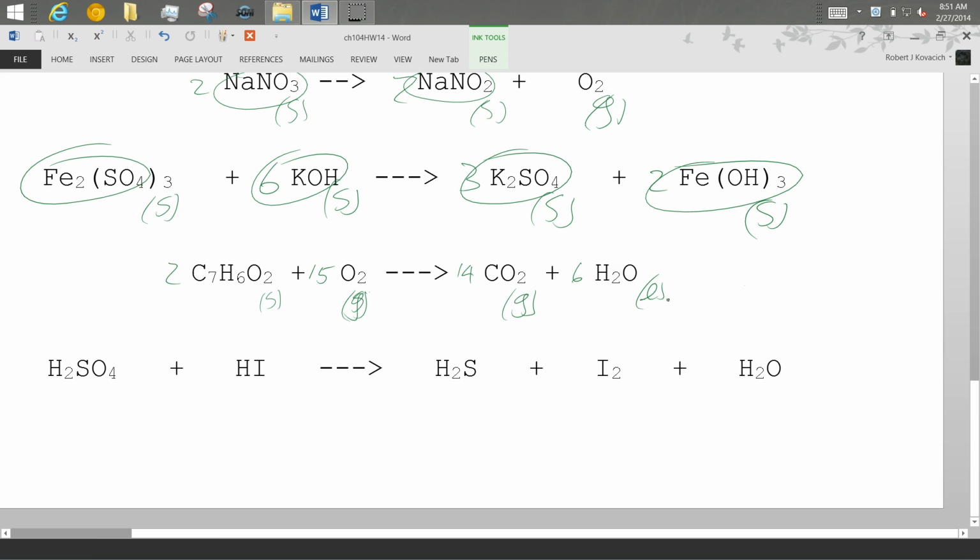All right, how about these last ones here? Well, we can't just balance the sulfate because it disappears on the other side. Hmm. There's 2 iodides, so we make 2 HI. I think that balances it. 1, 2, 3, 4. 1, 2, 3, 4.